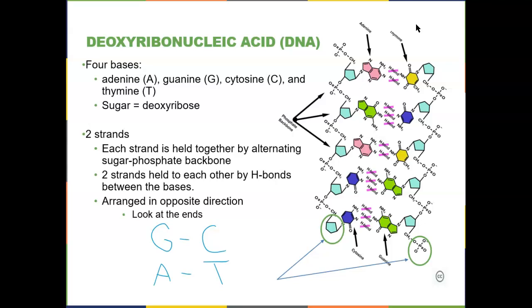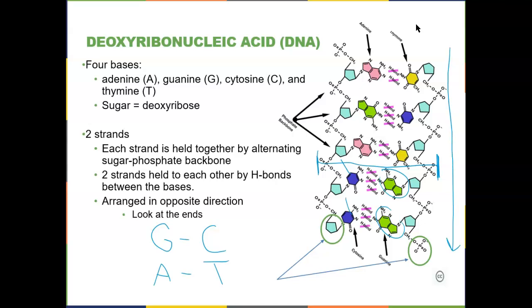And the way it works is that it's always one of the big bases with 2 rings across from one of the small bases with 1 ring. So 2, 1, 2, 1, 2, 1, 2 here, 1 here, 2 here, 1 there. What this does is ensure that the distance from one side of the backbone to the other is consistent the whole way down the strand.